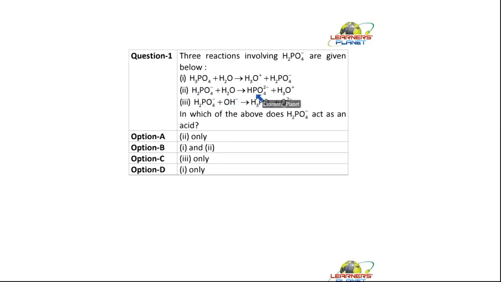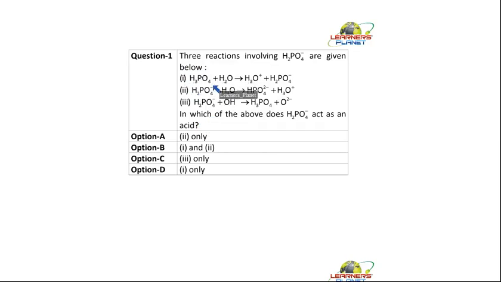The second is H2PO4 minus plus water giving HPO4 2 minus plus H3O plus. And the third is H2PO4 minus reacting with OH minus giving H3PO4 and O2 minus. The question is, in which of the above does H2PO4 minus act as an acid?